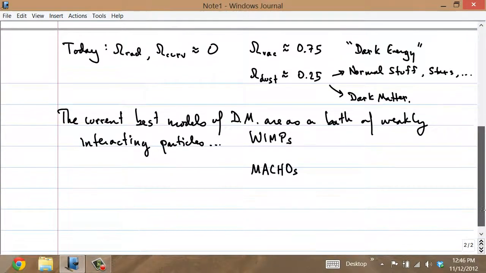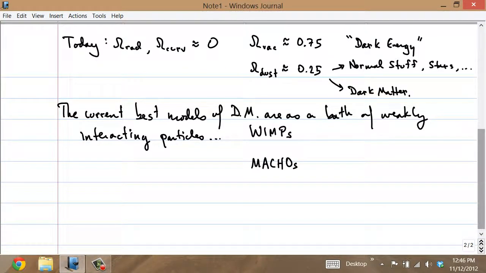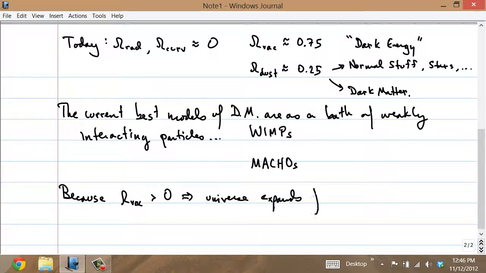So let me comment briefly on the future of our universe. Because omega lambda, sorry, I called it omega vacuum, is positive, that means that our universe will expand forever at an exponential rate.